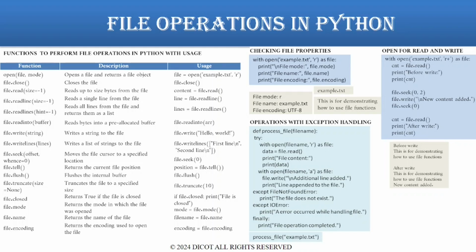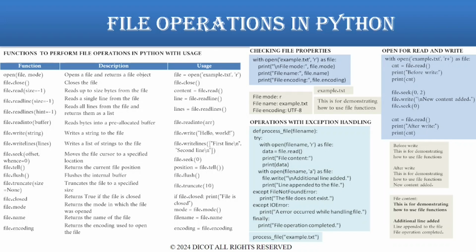Next, we test the function process_file by invoking it with the filename example.txt. The output in this case is file content: This is for demonstrating how to use file functions. Additional line added. Line appended to the file. File operation completed. The characters in bold are the contents of the file example.txt.